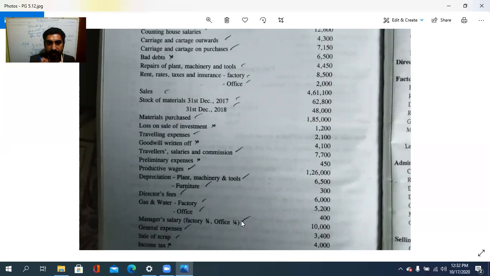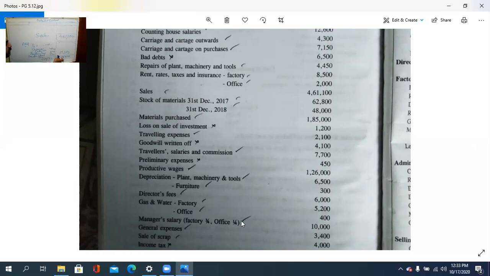So then goodwill, where is the sales? Sales is 4,61,000. So we need to finalize this thing like sales and then there is what? Profit. So sales, how much? 4,61,100. This is the total, isn't it?